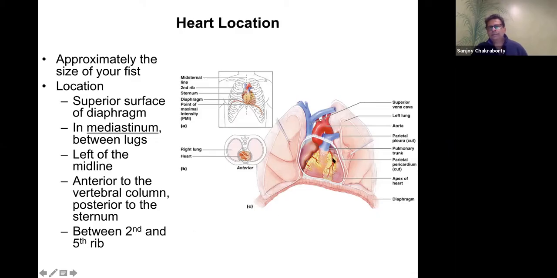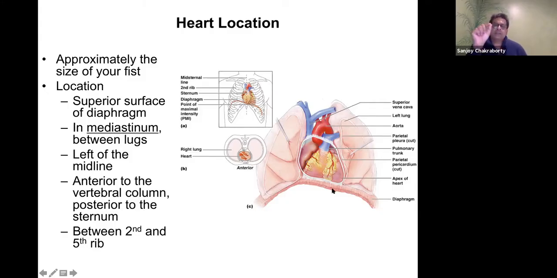So your heart is slightly tilted towards the left side. If you notice that, slightly tilted towards the left side. And interestingly, this is the apex of the heart. Remember, in the lung, this is the apex of the lung, because the name apex comes from what the shape looks like.